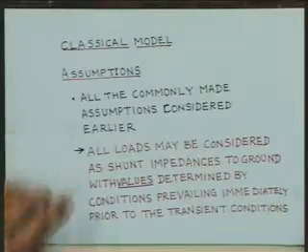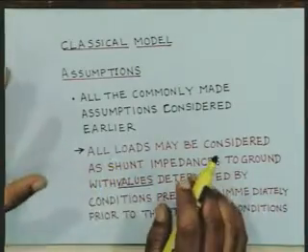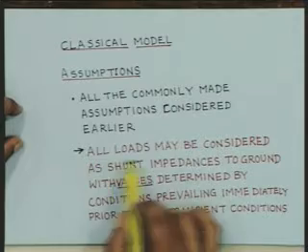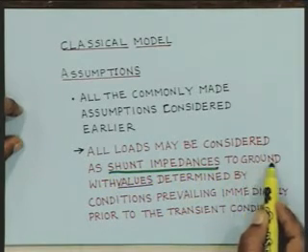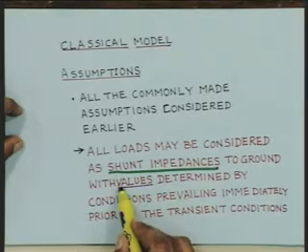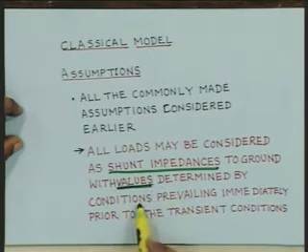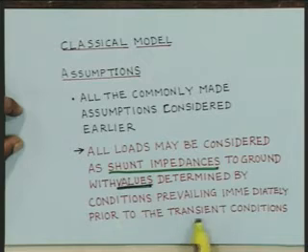These were the 5 assumptions which we had made. The next assumption which we will make here is that all loads, because in any power system you will have loads at various buses, may be considered as shunt impedances to ground with values determined by conditions prevailing immediately prior to the transient conditions. That is, in the system we have loads connected, and we will convert the loads by equivalent shunt impedances.